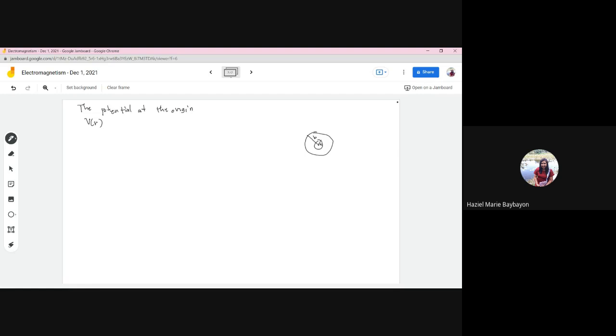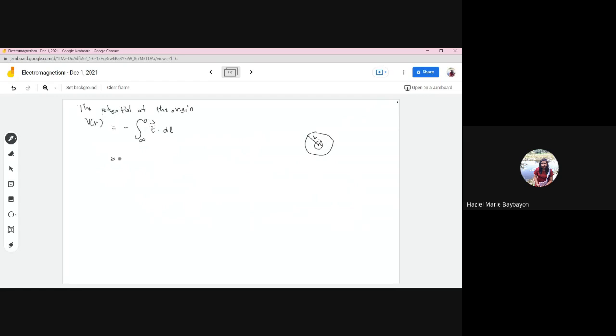Okay, so for this, ato siyang i-separate into three parts ang potential. Generally, we can get the potential by doing this E dot dl, and then our limit is from infinity towards 0, sa origin.